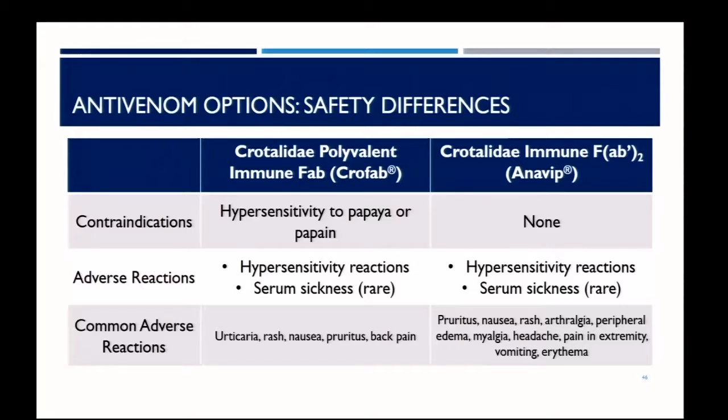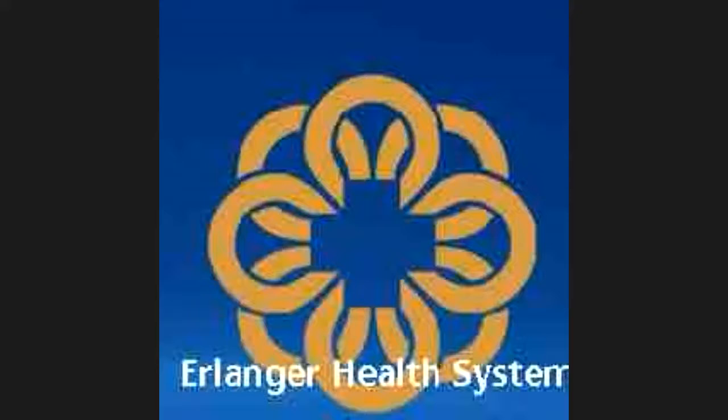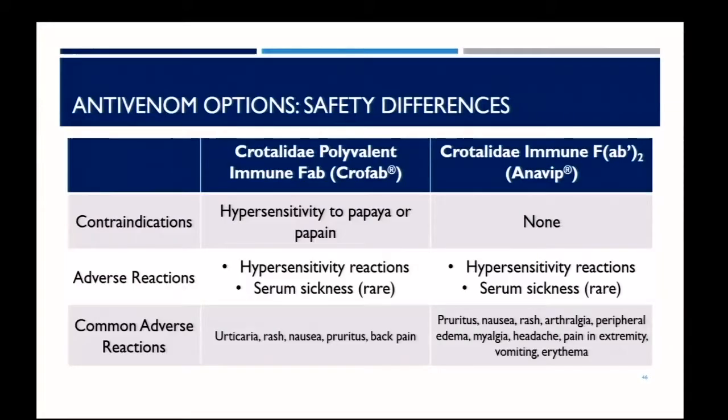However, these are relative contraindications since snake bites are medical emergencies. The benefit may outweigh the risk here. They both have similar adverse reactions reported of hypersensitivity reactions and serum sickness, though rare. And they do have some common adverse reactions like itching, nausea, back pain.